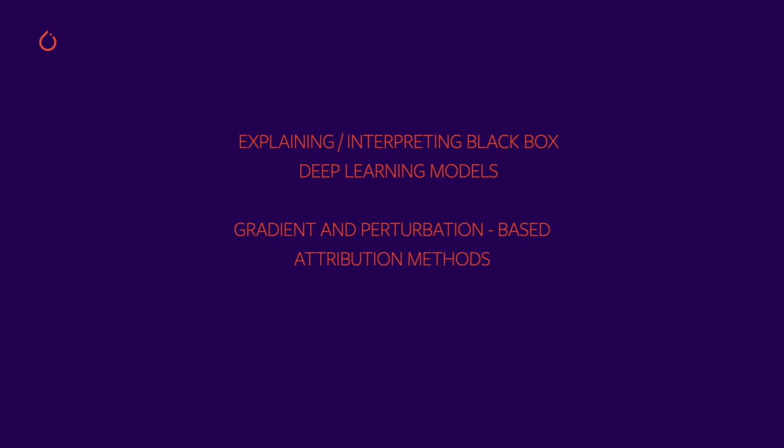Starting from here, we would like to focus on explaining and interpreting deep learning models that are black box, since the majority of deep learning models are considered to be black box. In order to explain black box models, there exist two types of algorithms.